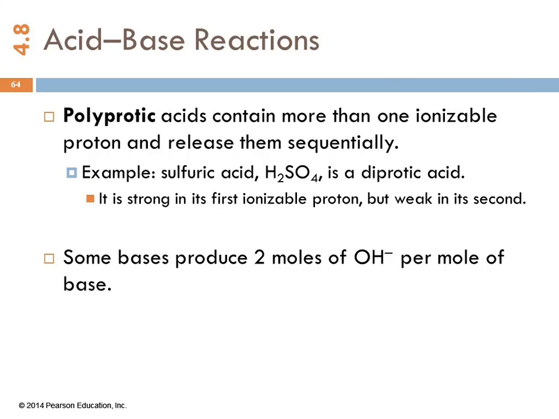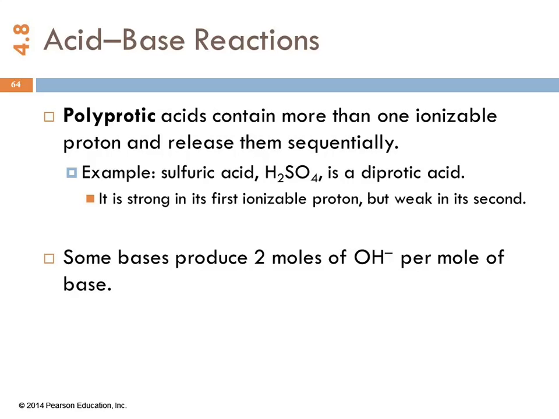We have polyprotic acids. And again, it's helpful to understand prefixes and roots of words. So poly is a prefix meaning what? Many. Protic refers to proton. The hydrogen ion is a proton.